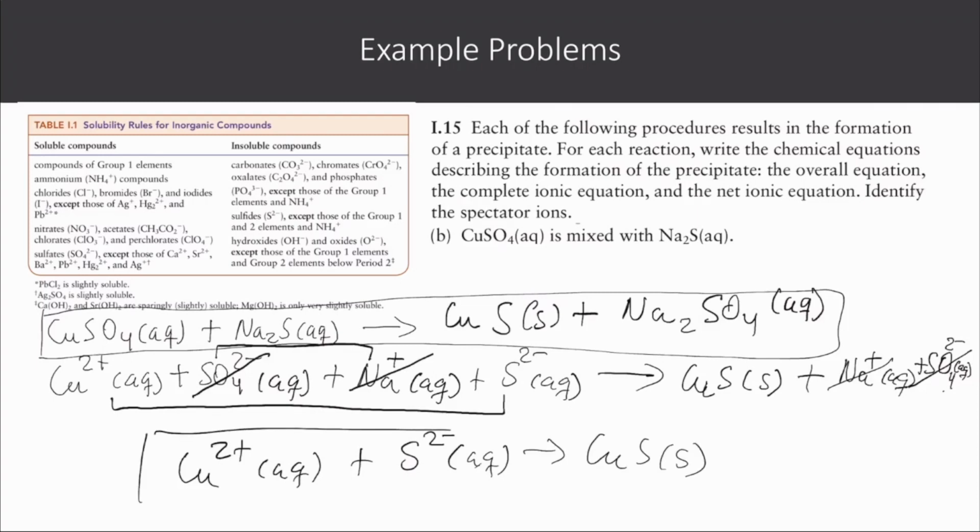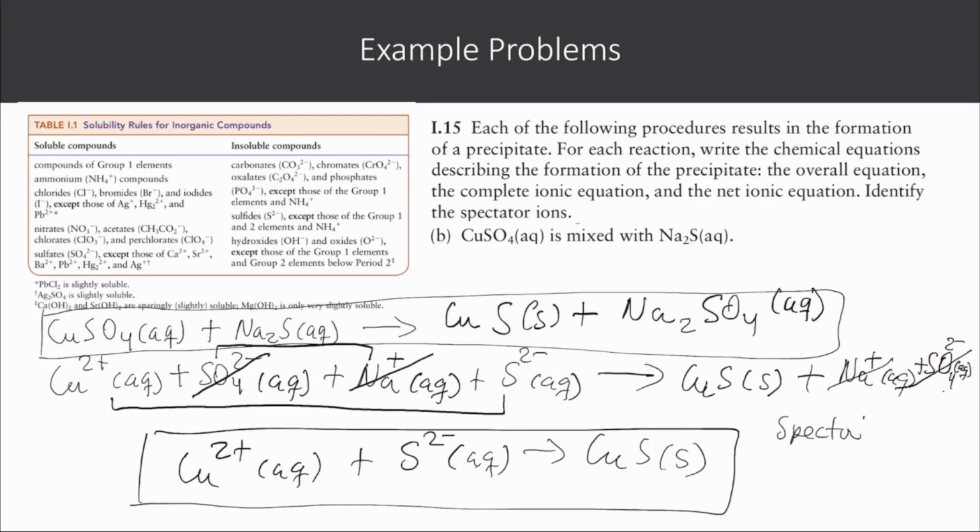This is the precipitation reaction and the net ionic equation. And the spectators that we get are sodium and sulfate ions.